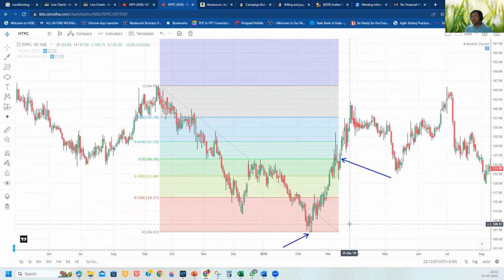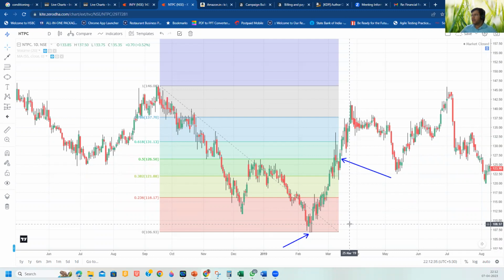This fib retracement is not useful for the entry; it is basically useful for taking the exit. Anybody have any question, feel free to unmute yourself and ask. Any question from anyone on fib retracement?